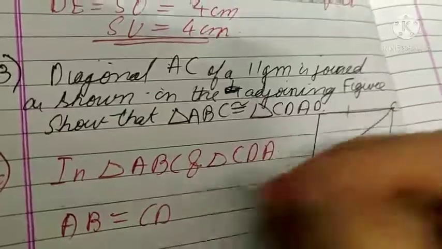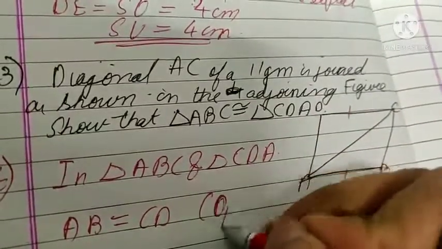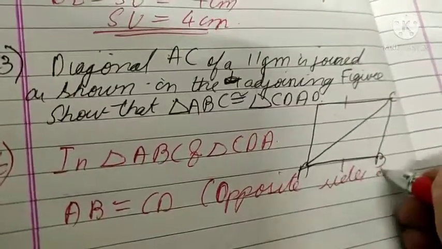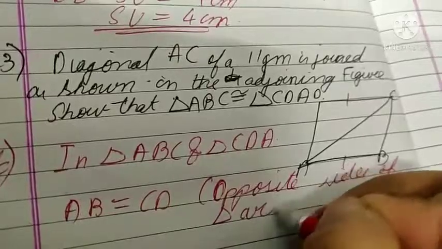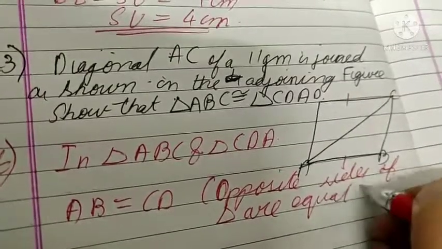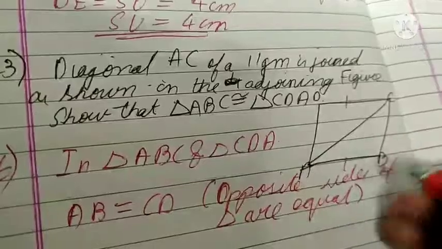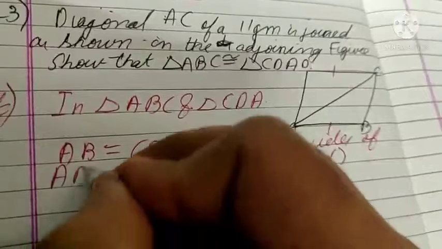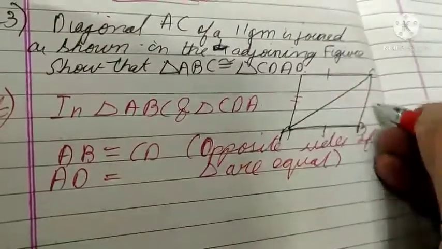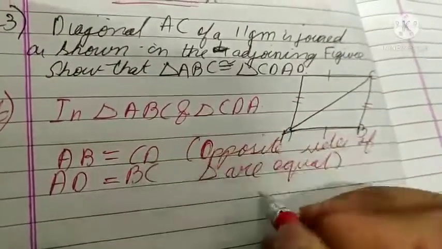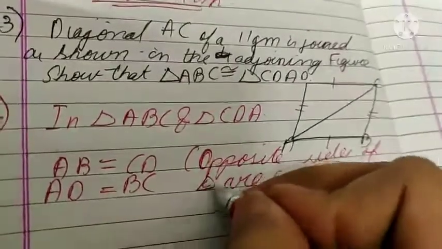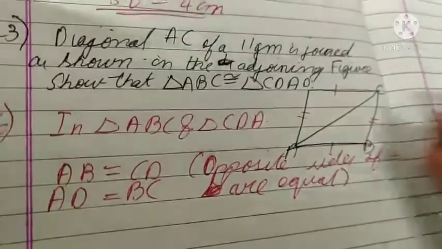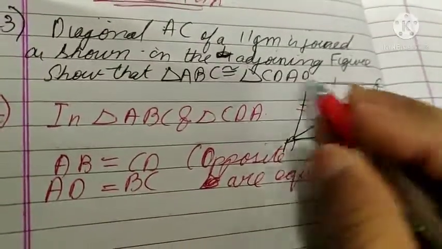Because opposite sides of a parallelogram are equal. And AD is also equal to BC. Opposite sides of a parallelogram are always equal, like in a rectangle, AB is equal to CD and AD equals BC.